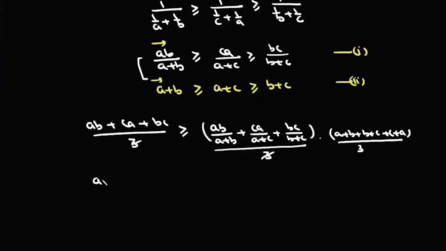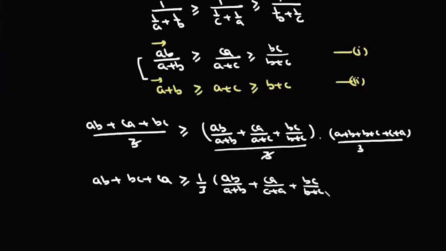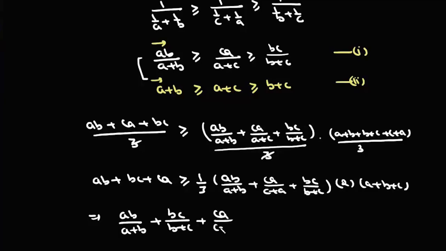So we can write AB plus BC plus CA will be greater than or equal to 1 by 3 of AB upon A plus B plus CA upon C plus A plus BC upon B plus C into 2 times A plus B plus C. And if we rearrange, we can write AB upon A plus B plus BC upon B plus C plus CA upon C plus A.